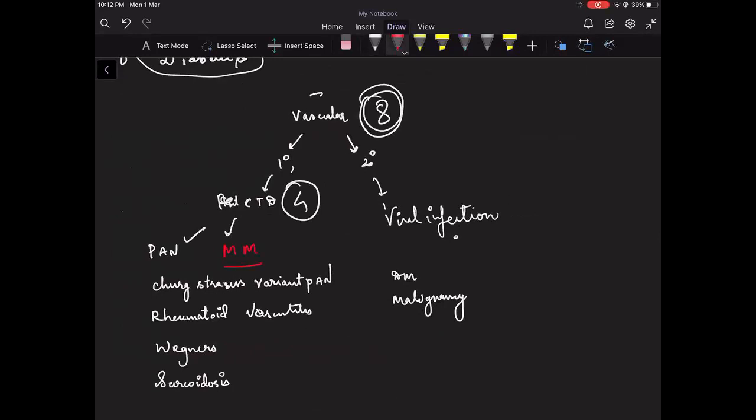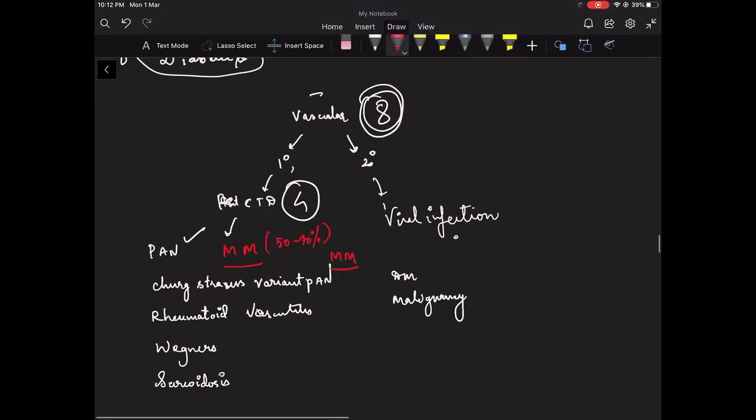Even the Churg-Strauss variant of polyarteritis nodosa will also have mononeuritis multiplex, which is seen in 50 to 70% of cases here. It is a type of ischemic neuropathy where the patient has vasculitis of small blood vessels within the nerves, so that causes ischemia to the nerve and causes axonal degeneration and axonal neuropathy in this type.